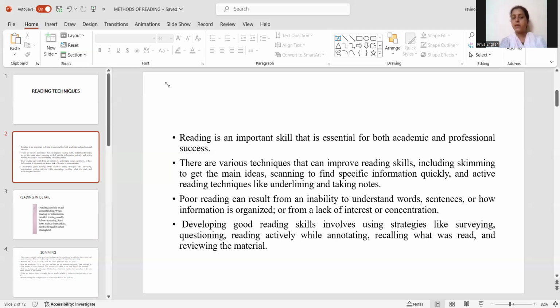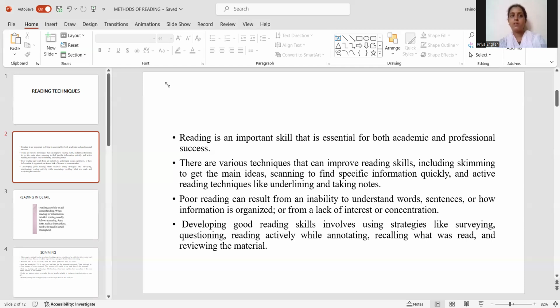Other active techniques of reading include underlining and taking notes. This is a very common method, and we must be aware of it. Whenever you're reading any text, whatever part you feel is important, just underline it.